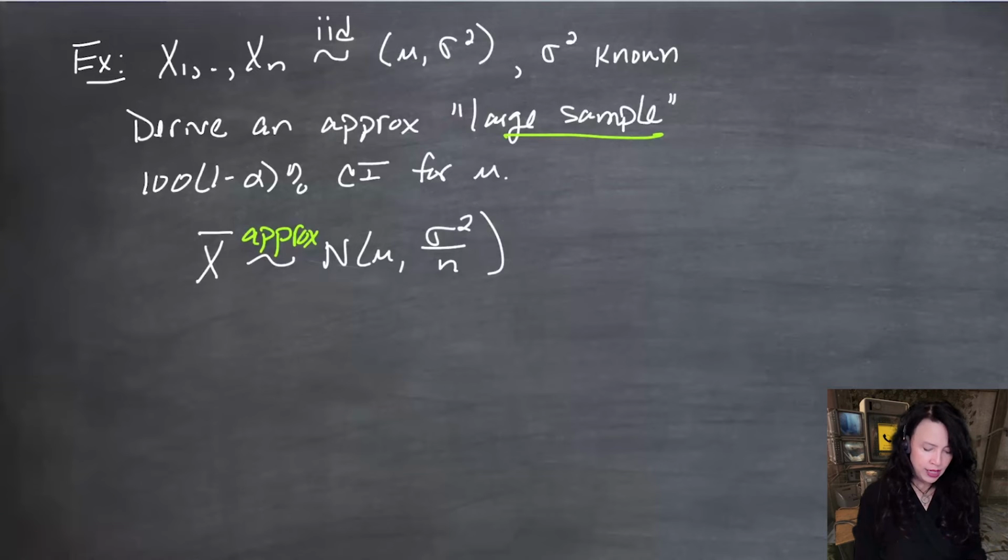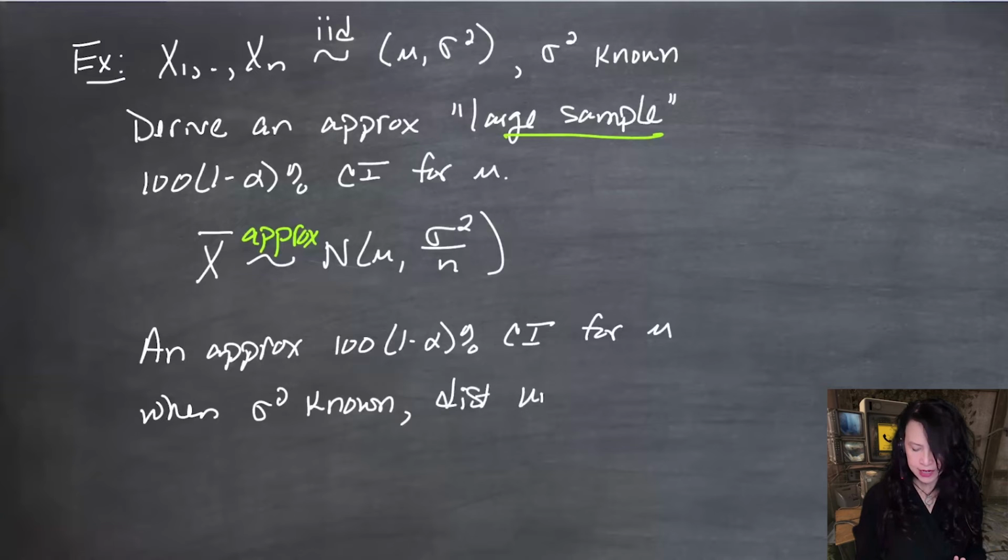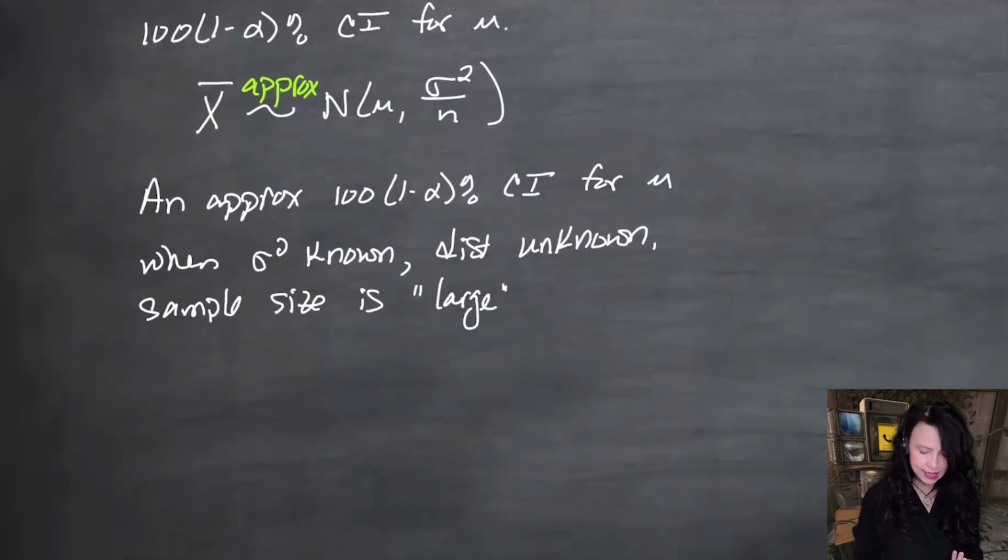So we would get the conclusion that an approximate 100 times 1 minus alpha percent confidence interval for mu when sigma squared is known, the distribution is unknown, and the sample size is large, we're going to get the exact same thing.